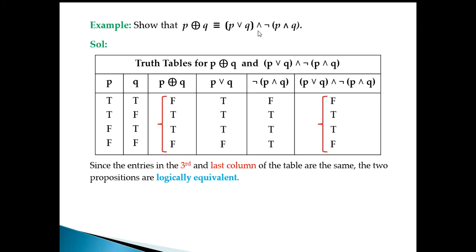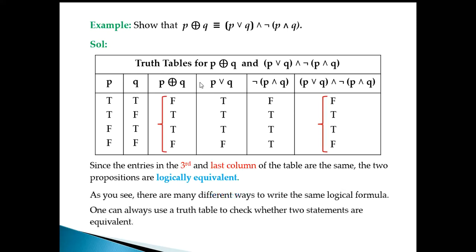Both these propositions have the same meaning because they are equivalent, right? So you see there are many different ways to write a logical equivalent. This shows the logical equivalent, and this also shows the logical equivalent.